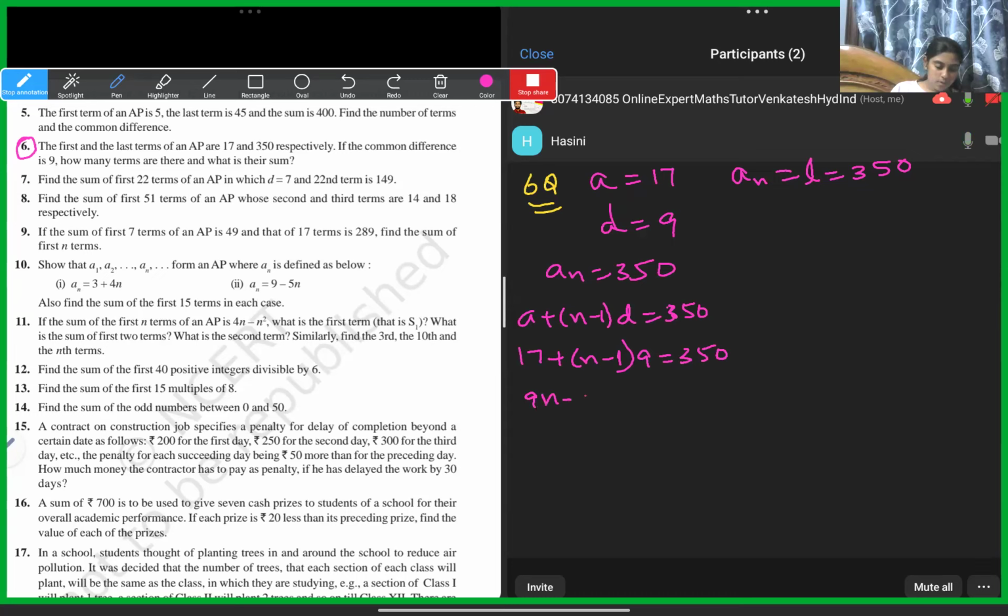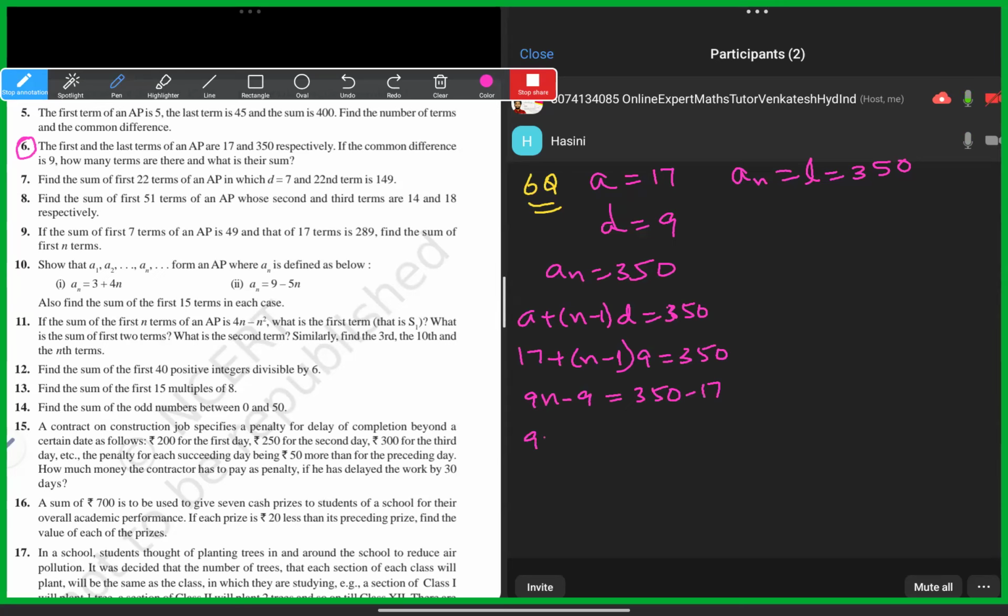So 9n minus 9 has to be equal to 350 minus 17. 9n minus 9 is equal to 333. 9n is equal to 333 plus 9, so 9n is equal to 342. n is equal to 342 by 9.